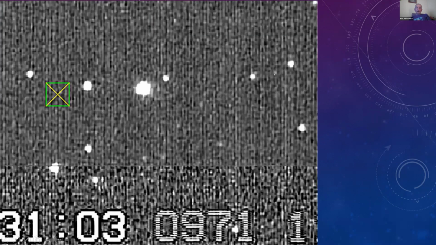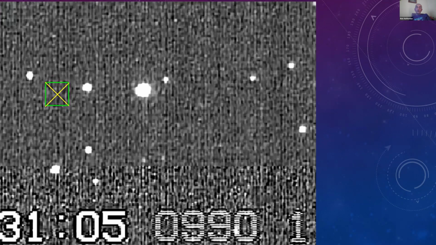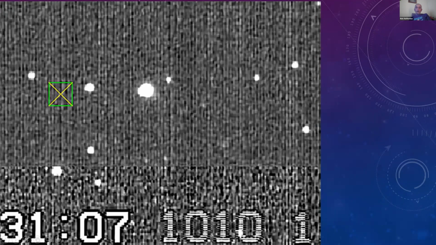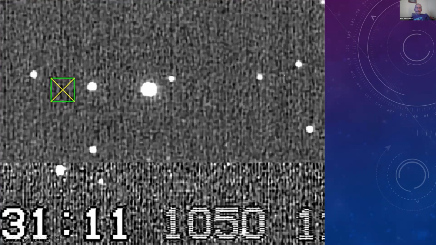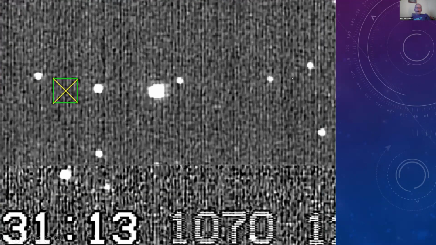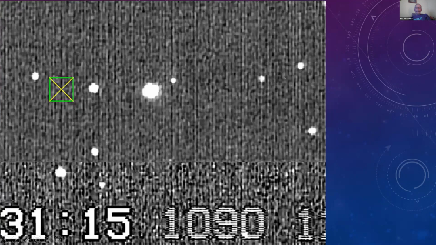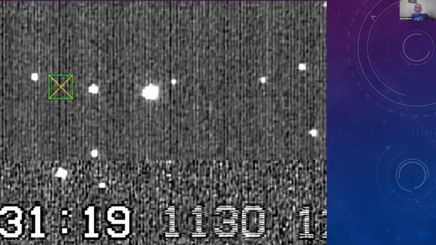Focus came in and out clearly, but it was actually pretty good conditions. Still there. Yeah, maybe. Kind of blurry. Still there. And so from frame to frame, you're seeing it's still there.